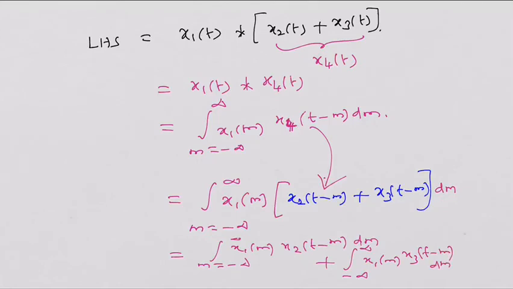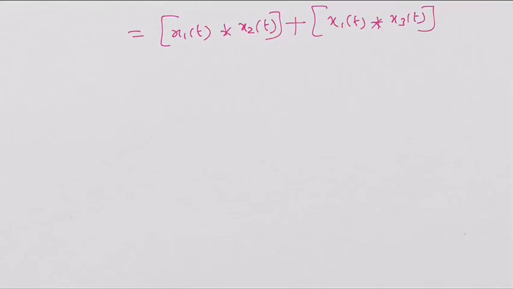That's why we say it is equal to x1 of t convolved with x2 of t, plus x1 of t convolved with x3 of t. These two are added to get the answer. That is the distributive property of CT convolution integrals.